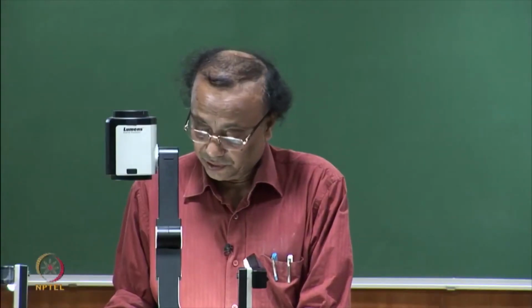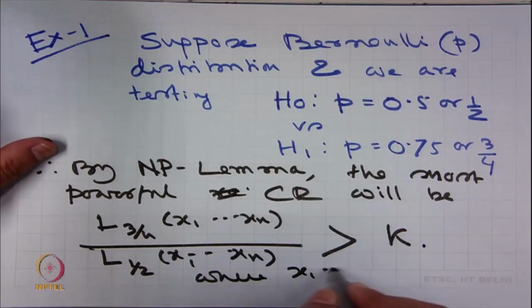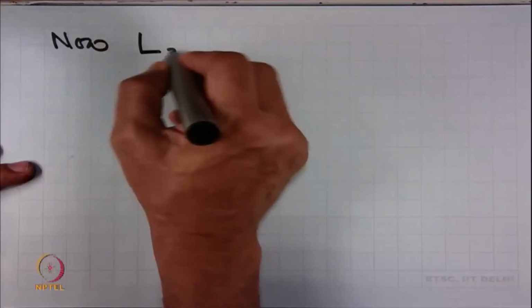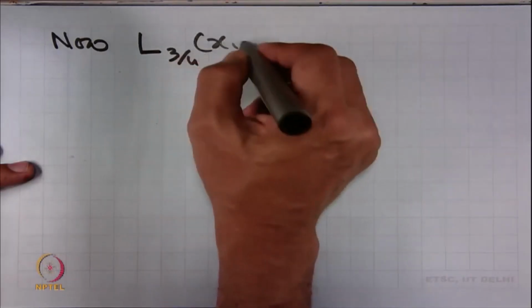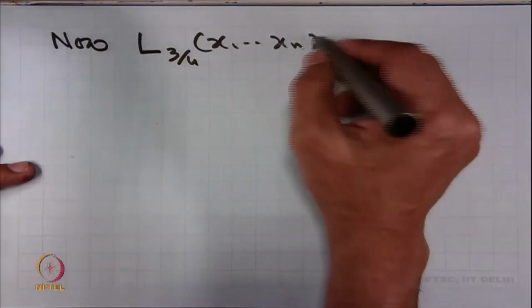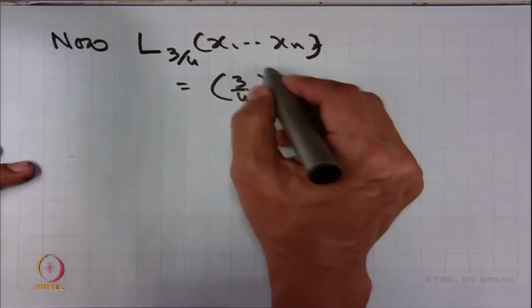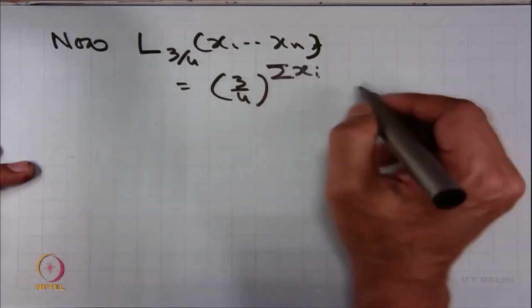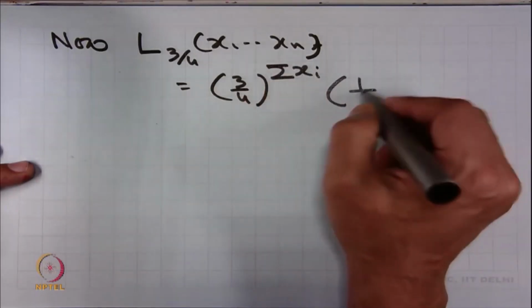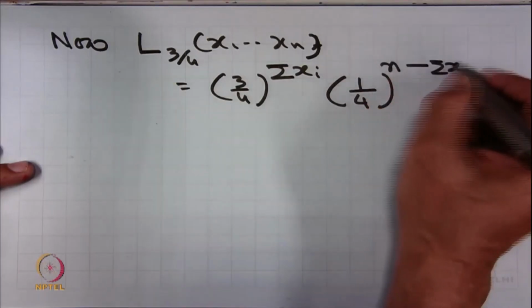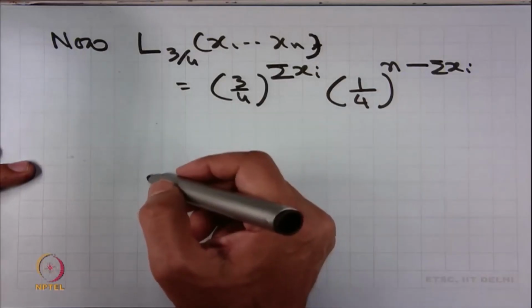where x1, x2, ..., xn is the sample. Now, L 3/4 of x1, x2, ..., xn is equal to 3 by 4 to the power sigma xi into 1 by 4 to the power n minus sigma xi.